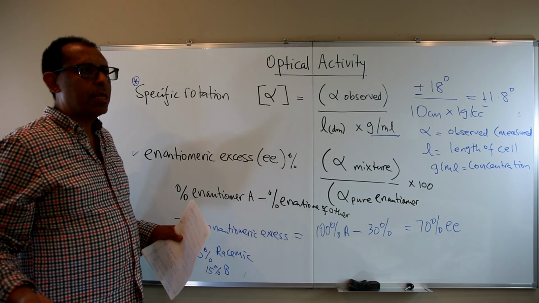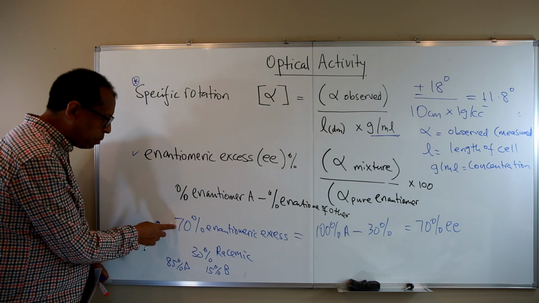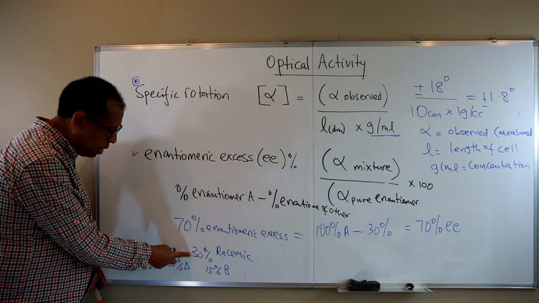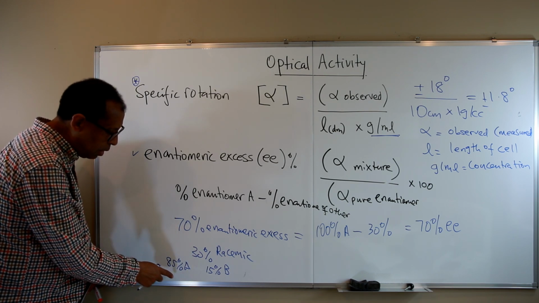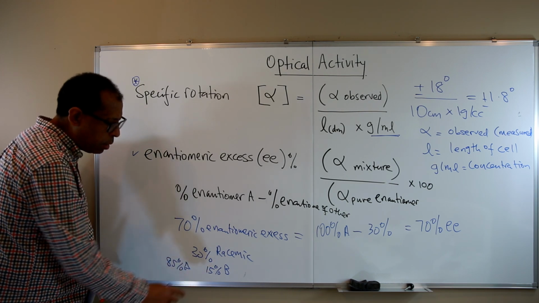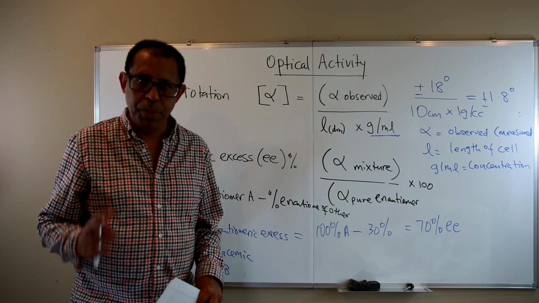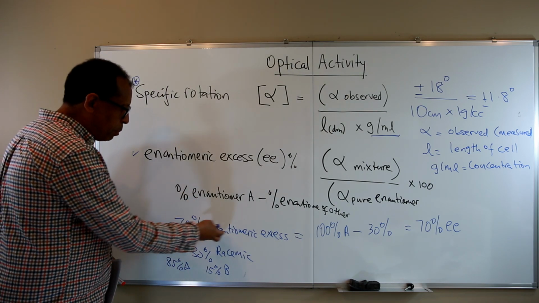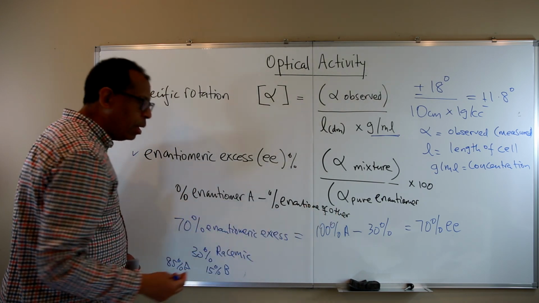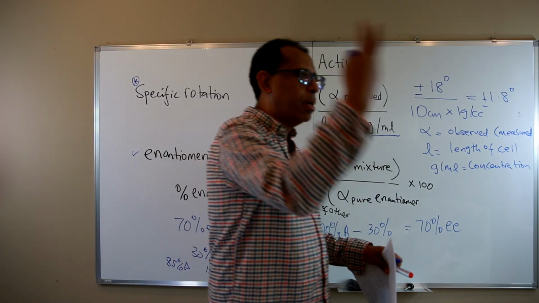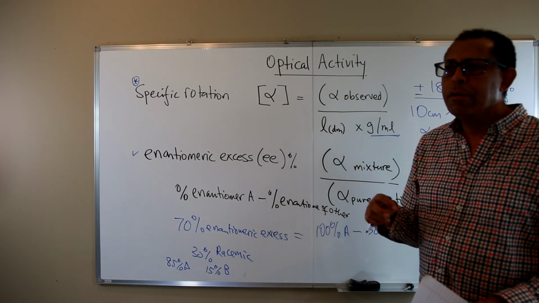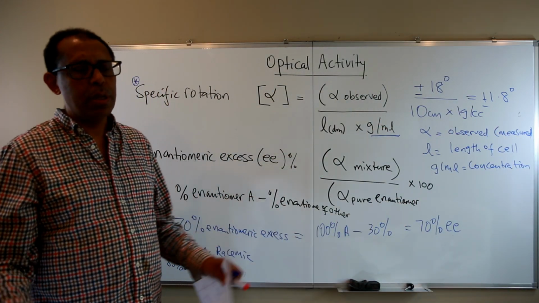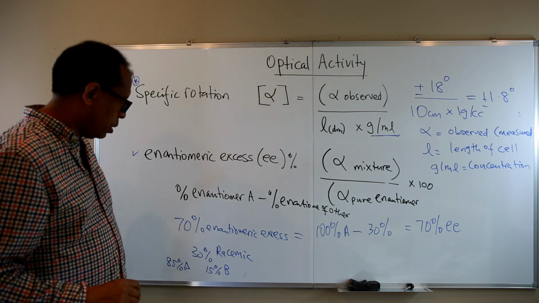So the total amount of A in the sample would be the excess, which is 70, plus half of the 30, which is 15. 70 plus 15 is 85, and 15 is the percentage of B. It might be a little confusing, but this is how you do it. The 70% enantiomeric excess is how much A is over B. And if a question comes where you are asked, in the total sample, what is the percentage of A, this is how you do it.